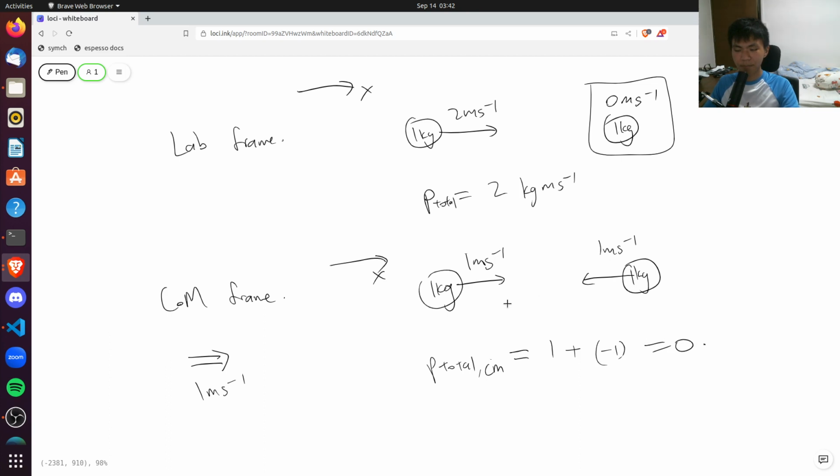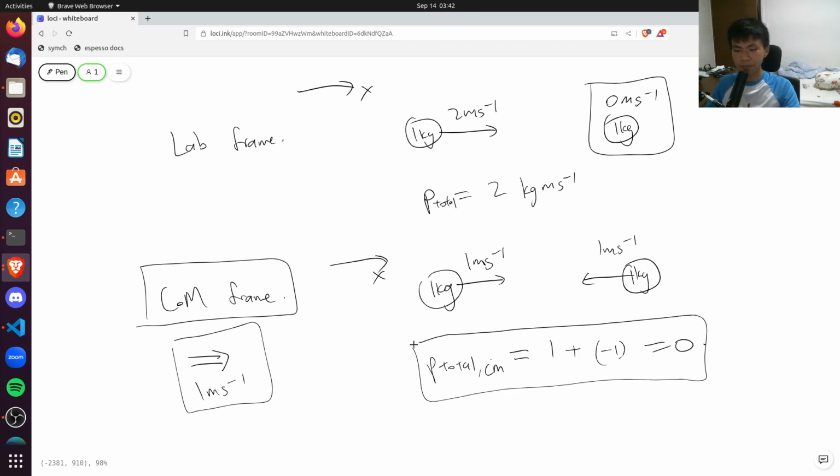So you can see that in the center of momentum frame, which is the frame that's going rightward at 1 meter per second of velocity in this question, the total momentum is 0.